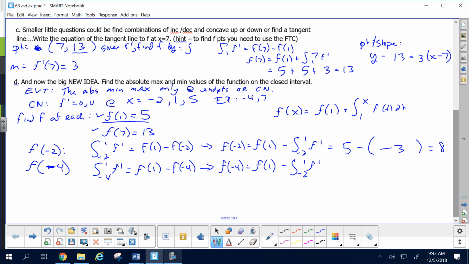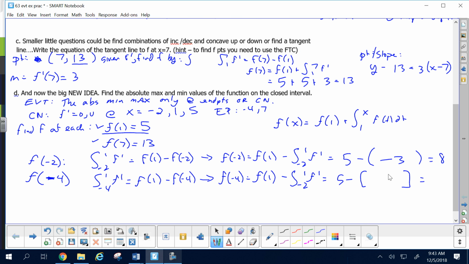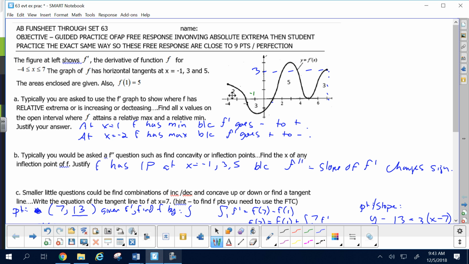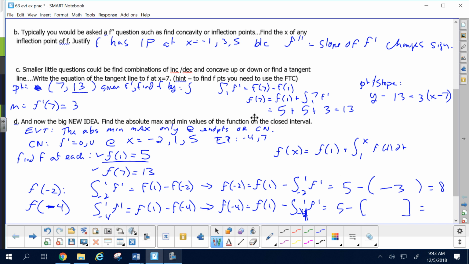Now be careful. It's 5 minus, parentheses, signed areas. What kind of signed areas do we talk about from -4 to 1? +2 and -3, yeah? So altogether 5 minus -1, or 6. Cool?